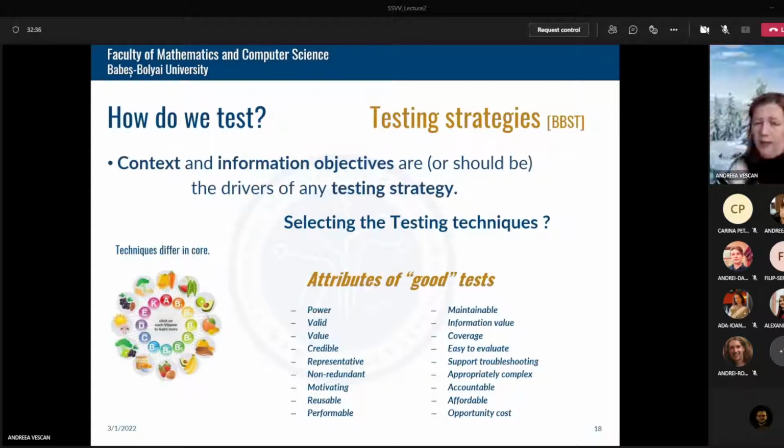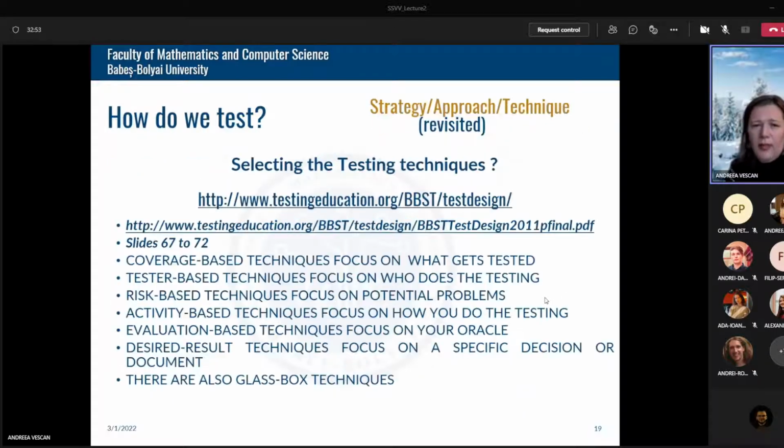So again, when we select a testing technique, we need to think about its different benefits, and we need to select test cases or techniques that can complement each other to fulfill our needs. Here you can find a lot of testing techniques.